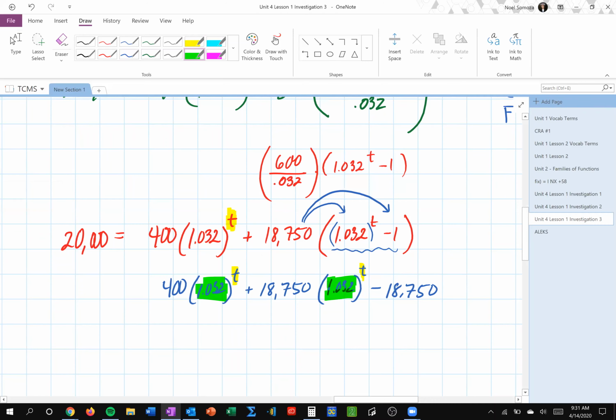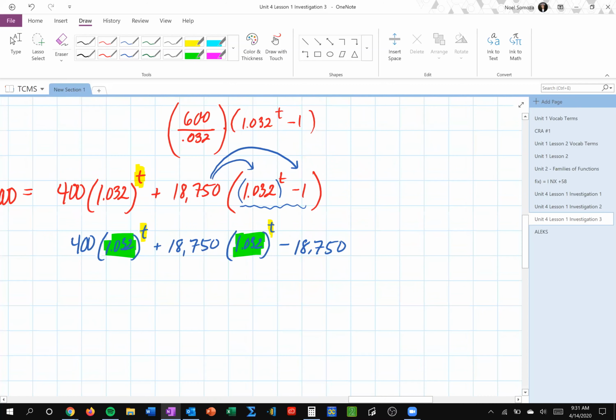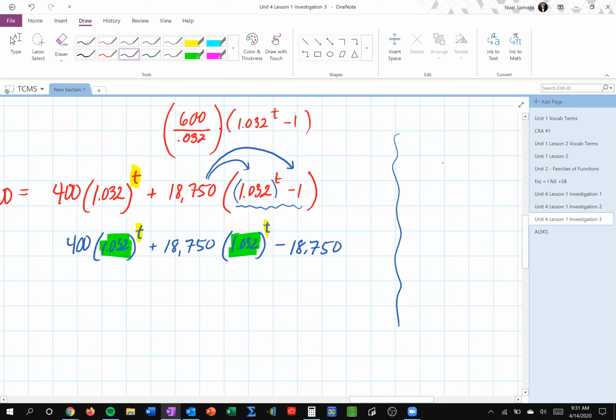Now, I don't know if you remember this, but going back to Algebra 2, let's say, for example, that you had something like 5a to the second power plus, let's call this, 10a to the second power.